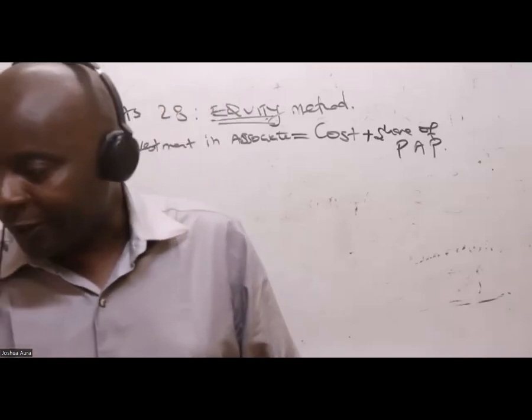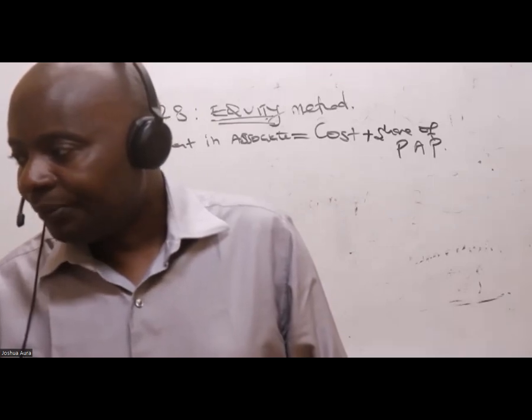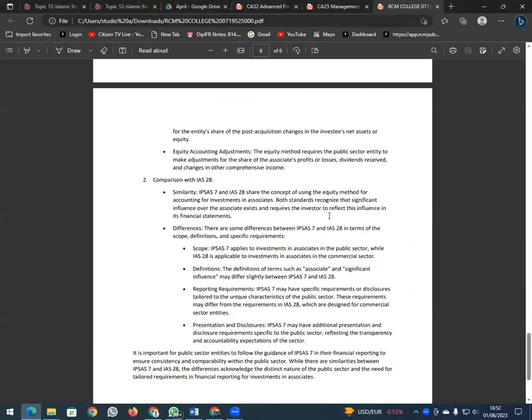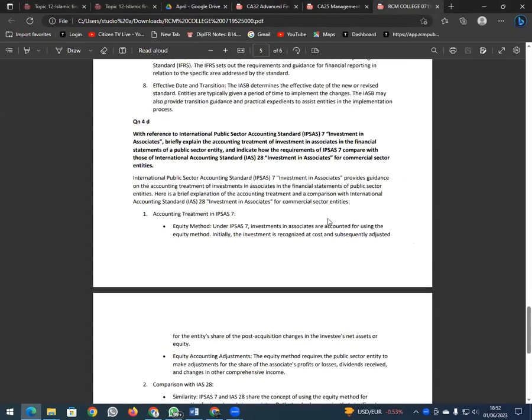Now, if you look at what I have here, ladies and gentlemen, question number 4D asks: with reference to International Public Sector Accounting Standards IPSAS 7, investment in associates, briefly explain the accounting treatment of investment in associates in the financial statements of a public sector entity, and indicate how the requirements of IPSAS 7 compare with those of International Accounting Standard 28 for commercial sector entities.